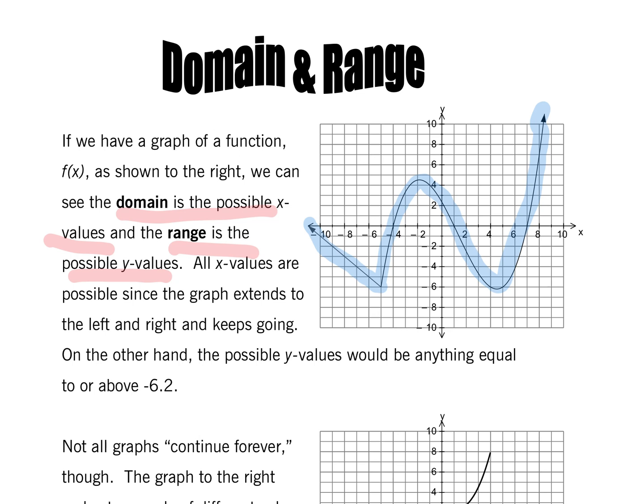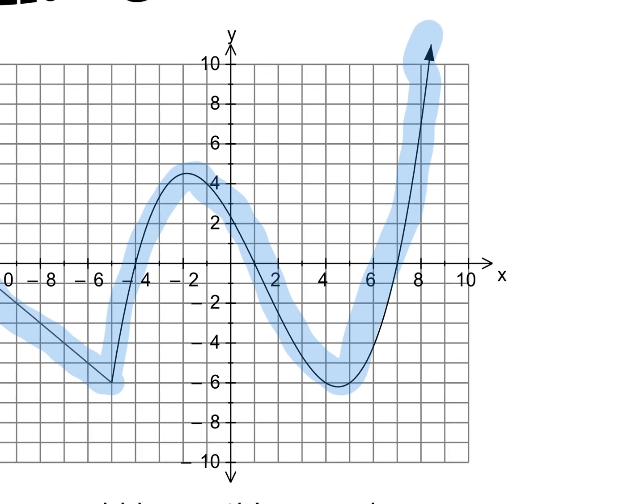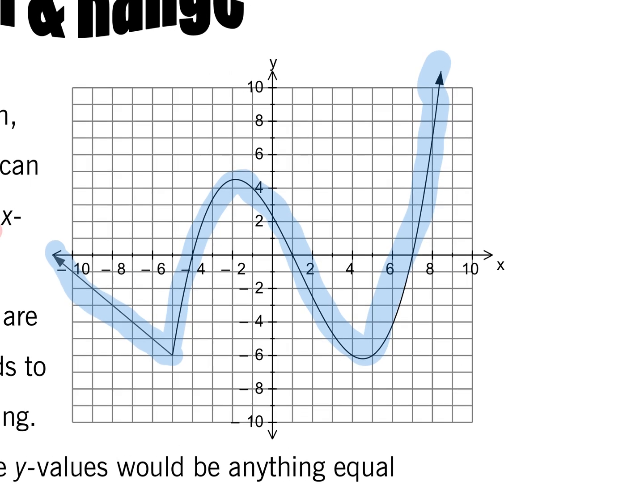Y, the vertical variable, is a different story. If we zoom in on the graph, it goes up and up and up forever and ever. And yet, this is the lowest it ever gets. Well, how do I know that? Well, because over here, it's going up, up, up to the left. So again, the lowest the graph ever gets is right here.